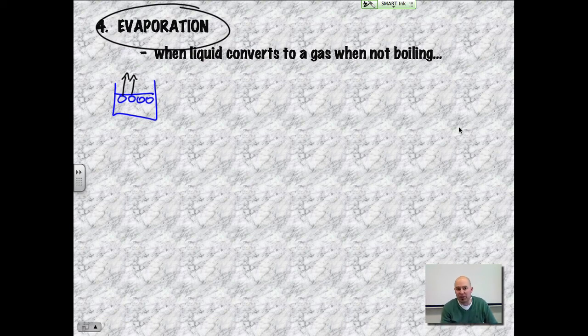Some substances evaporate quicker than others. If you had something with a high surface tension, this is A, let's say, versus something with a low surface tension, we could talk about viscosity as well. Which one would evaporate easier? Well, the one with the lower surface tension would evaporate easier.